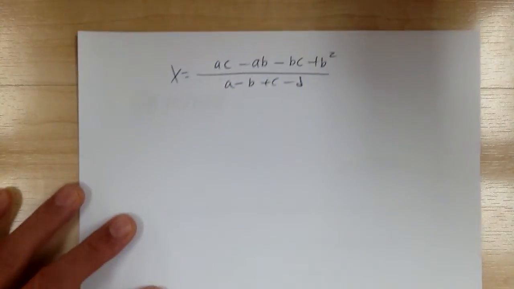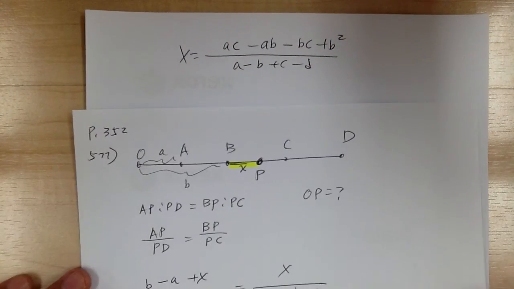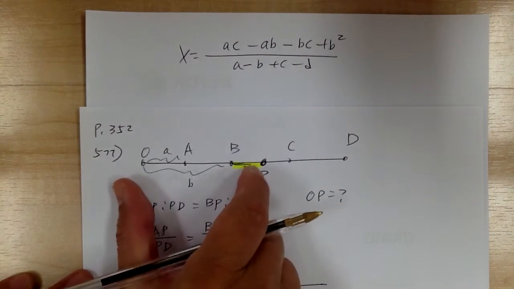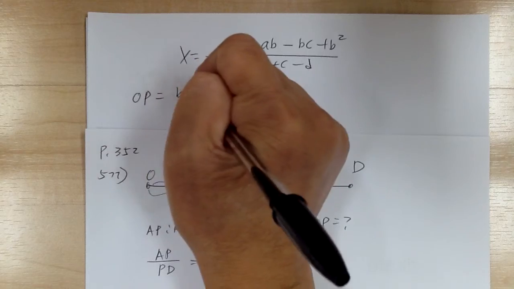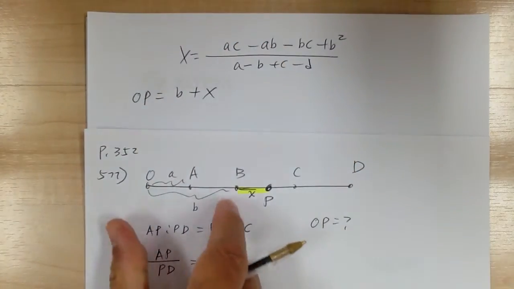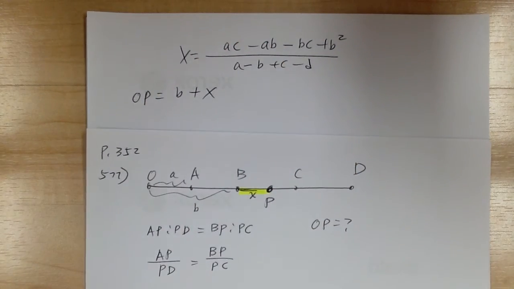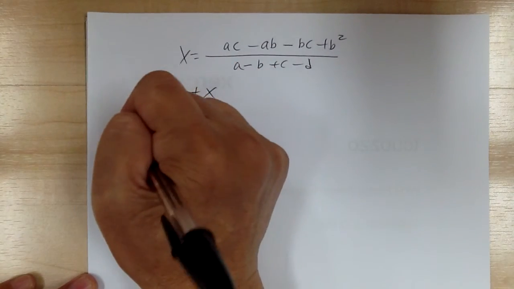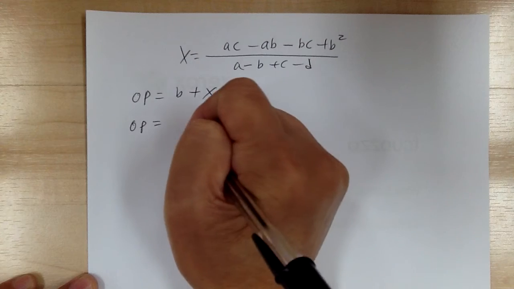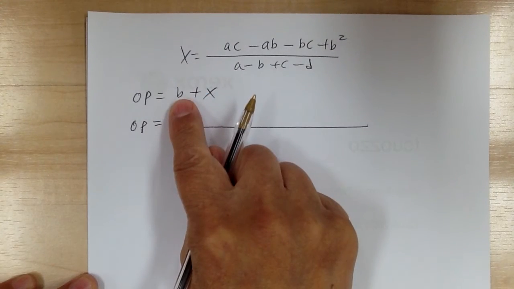Okay, so once we got x, to find OP, so OP equal to B plus X. Equal to B plus X, that's OP. So go and add. So OP equal to, now we need a common denominator.